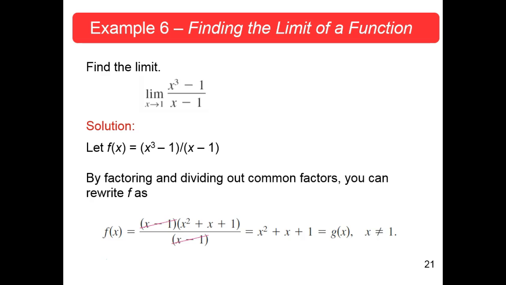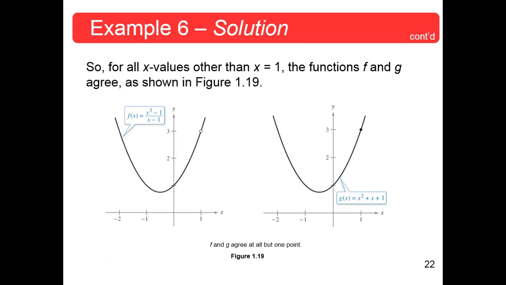Because at x equals 1, f of x is not defined, but g of x still is, but that's the only place that they differ. And so the first function we had has a hole in it. You can't evaluate this thing at x equals 1. It has a 0 in the denominator.